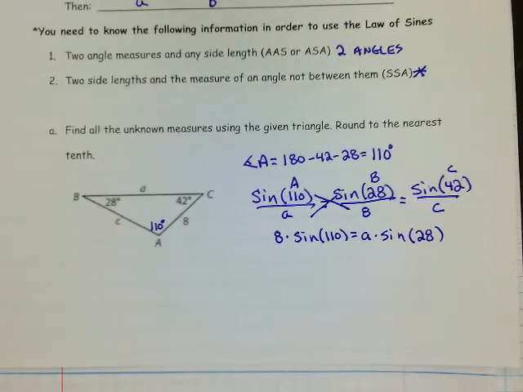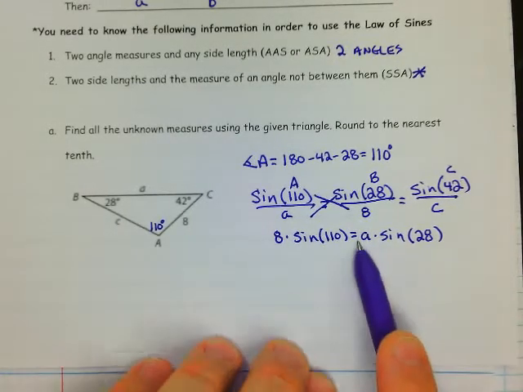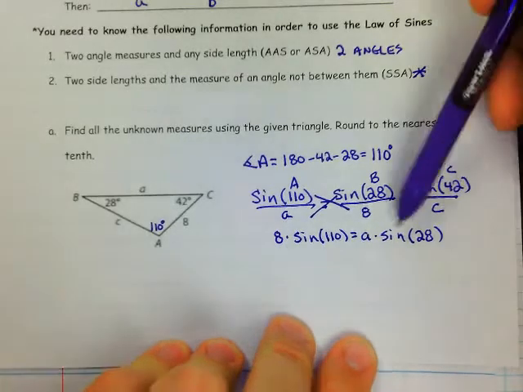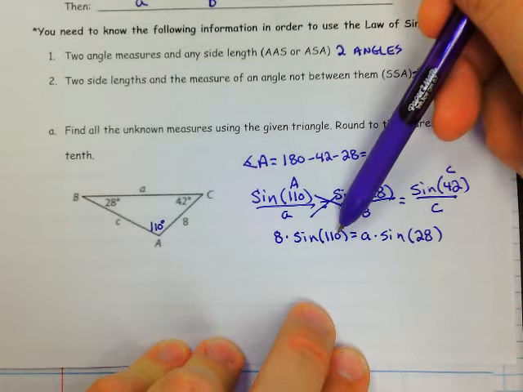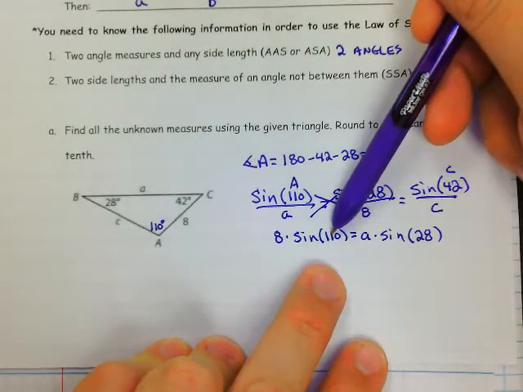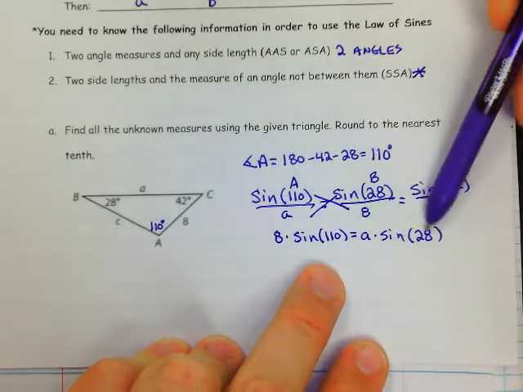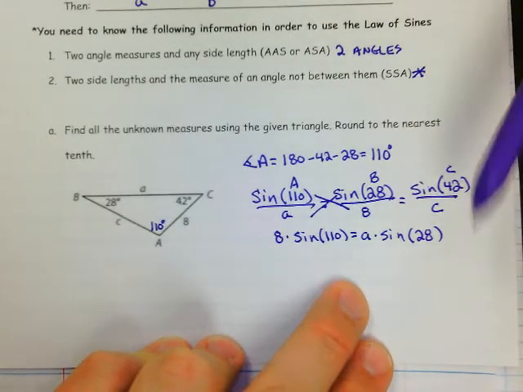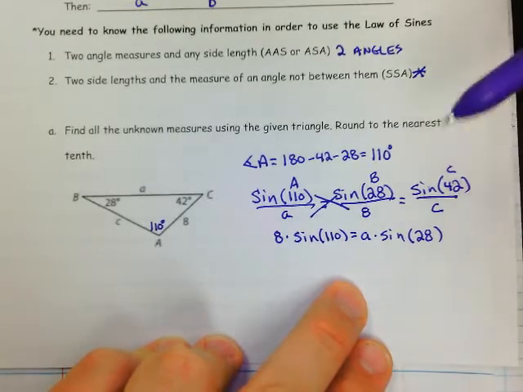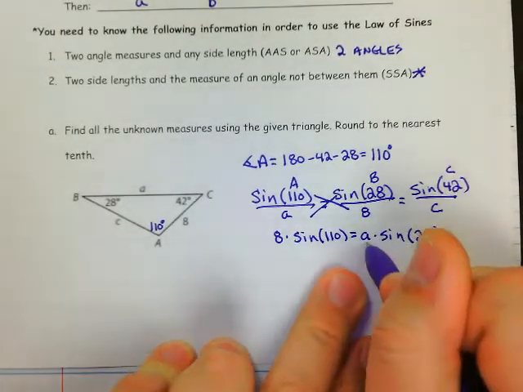Okay? So, now that I've got my equation, we're going to solve for A. So remember, the sine of 28 and the sine of 110, they're all numbers. You put sine of 110 in a calculator, it's going to give you a number. You put the sine of 28 in a calculator, it's going to give you a number. So basically, it's just like a simple one-step algebraic expression. We're going to solve it.